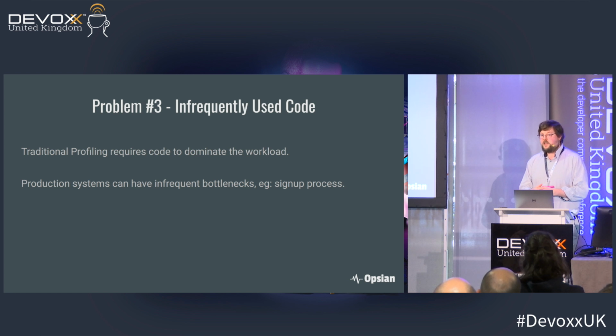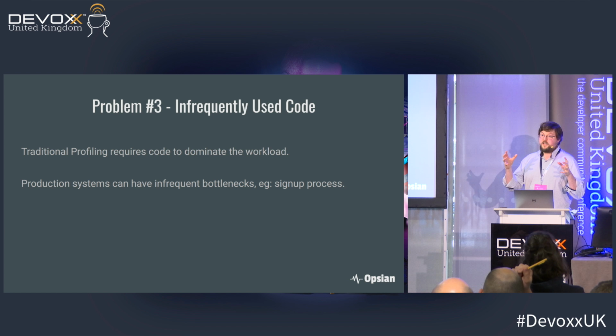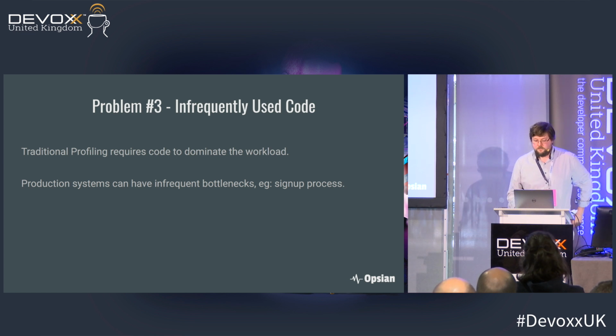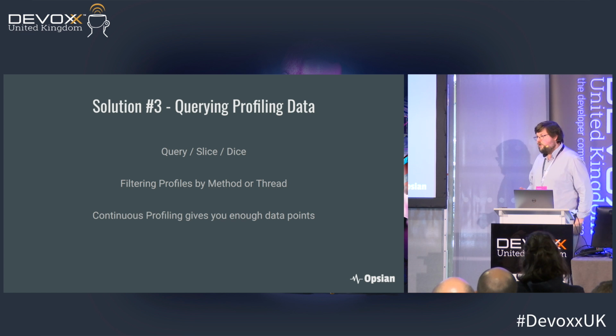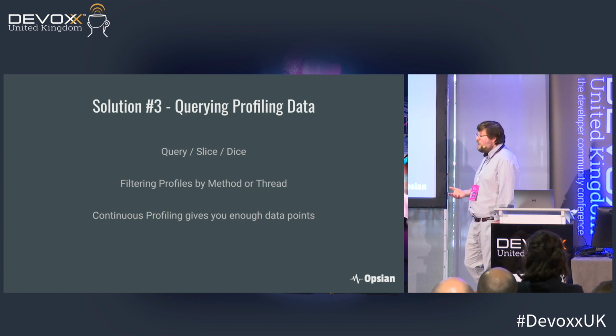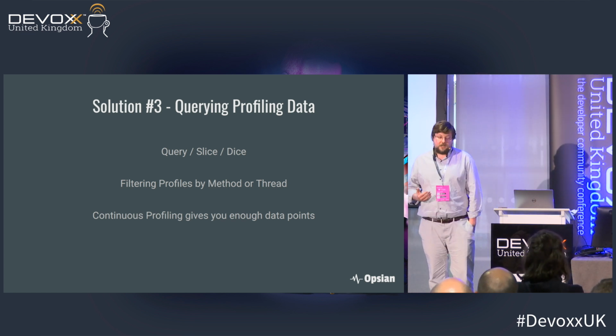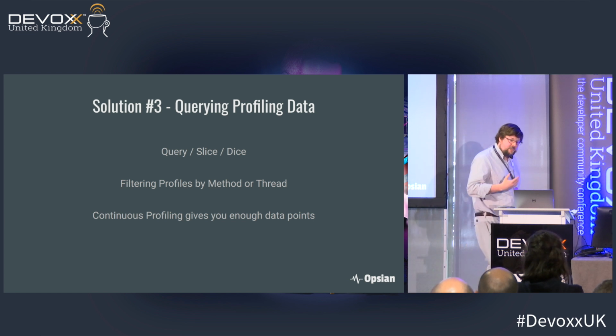And a lot of people, I think, throw away production profiling because they want to see a small one-off problem in, say, a sign-up page or in one of those few endpoints rather than what's going on in the whole system.